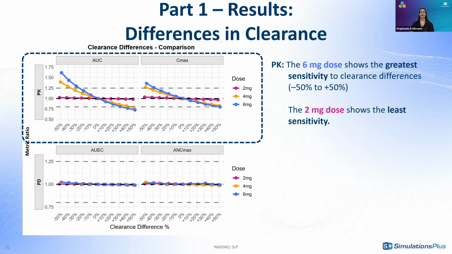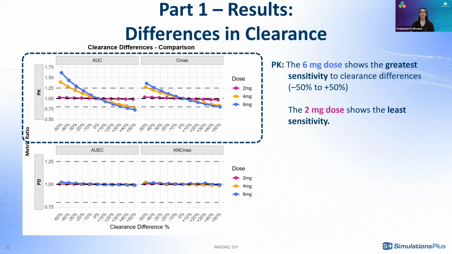So changes in linear clearance have little impact. On the other hand, at a higher dose the nonlinear target-mediated clearance pathway begins to saturate, making total clearance more sensitive to any further changes. I will elaborate on this point in a moment.